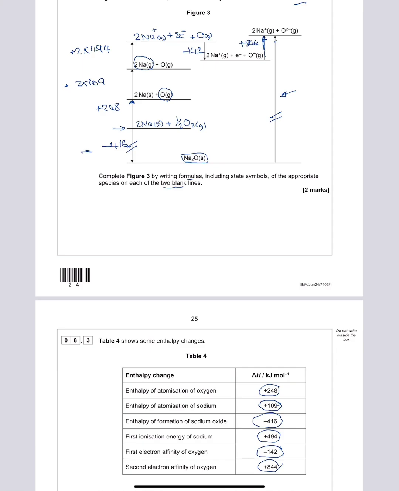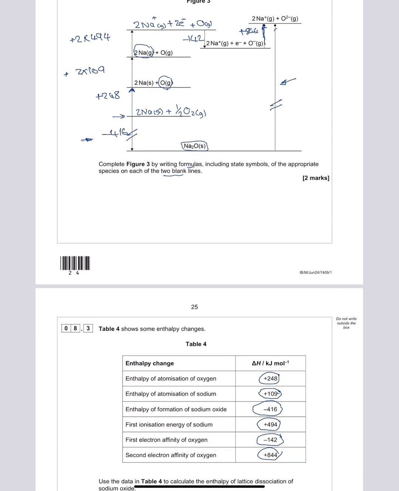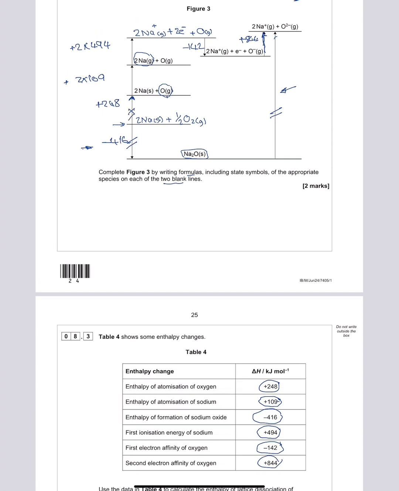So this is the enthalpy of formation and the enthalpy of the lattice dissociation. The total of these will equal the total of the other steps, which are the ones with the crosses. So 1, 2, 3, 4, and then here the fifth one. Now we just need to add our values and then do our calculation.